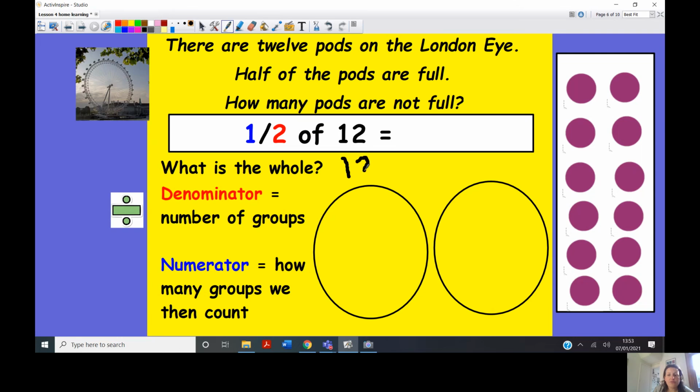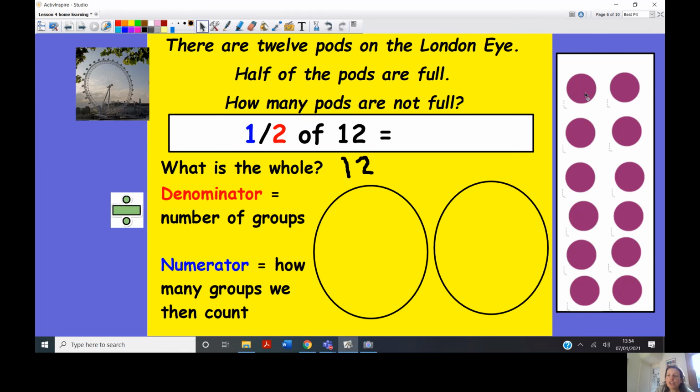Our whole is 12. Our denominator is the number of groups. Our number of groups here is 2. You can see it's the red and the red. So we need to split our whole, which is the 12 pods, between 2 groups.